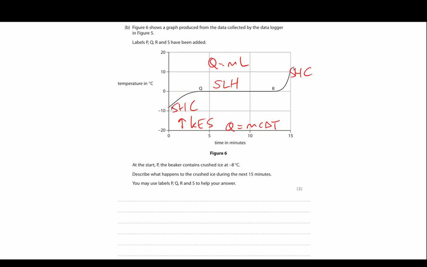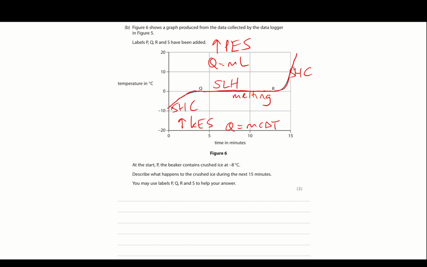We can see temperature increases because the kinetic energy stores increase. Then the potential energy stores increase here. The particles are moving away from each other, so they've got some potential energy. And then after a while it's fully melted, and then the water heats up. So it's the ice, and here we've got that crucial idea that it's melting here.